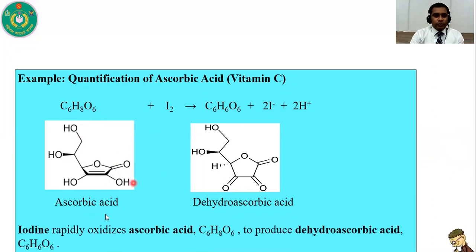So iodine rapidly oxidizes ascorbic acid to produce dehydroascorbic acid, and if we find out the amount of iodine, then we can find out the amount of ascorbic acid that is present in a vitamin C tablet. So by titration with iodine, we can easily find out the concentration of ascorbic acid present in a vitamin C tablet. This is the application of iodimetric titration.